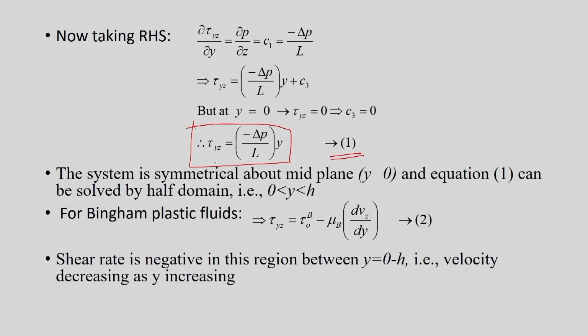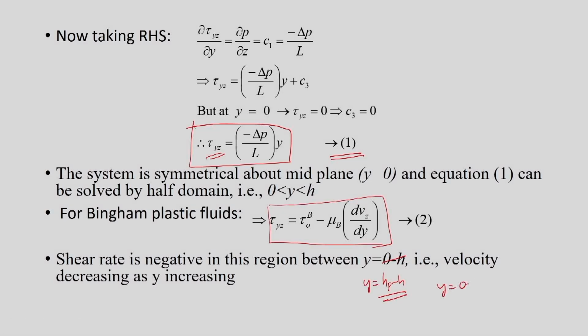Now, in place of this tau yz, we have to substitute the corresponding expression for Bingham plastic fluids. For Bingham plastic fluids, we know that tau yz equals tau naught b minus mu b dVz by dy. We take the minus because the shear rate is negative in the region between hp to h.